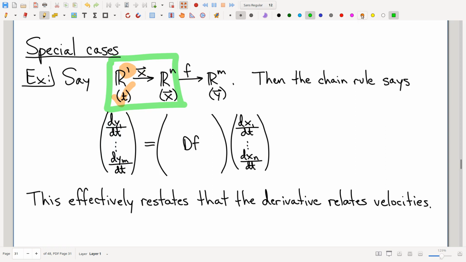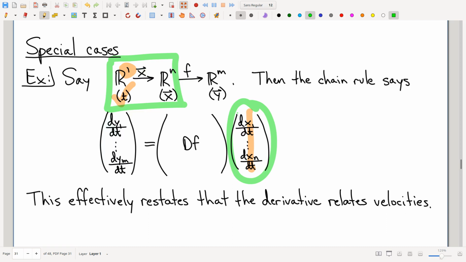Input variables correspond to columns. That means its derivative matrix is going to have only the one column. Furthermore, when you have a function that gives position as a function of time, that's a parametric curve. And we already know that the derivative of a parametric curve is a velocity vector. So it's kind of neat how this turns out. The chain rule, in this special case when you have just the one input variable, the rightmost matrix is the velocity of a parametric curve.